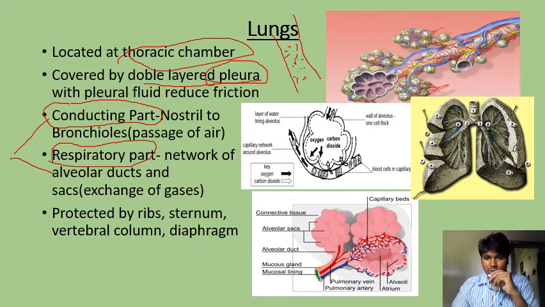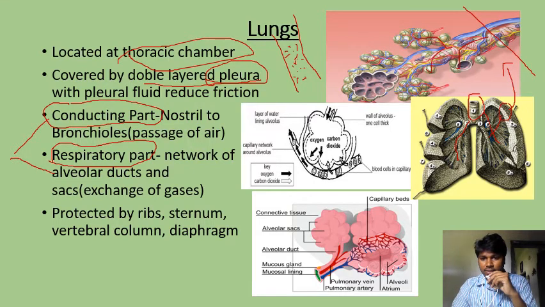Here I have shown you some pictures. So this is a bronchus and these are the bronchioles, isn't it? At the end, if you take a small section of it, it appears like this. Here the respiratory part begins, and from here there will be alveolar ducts.